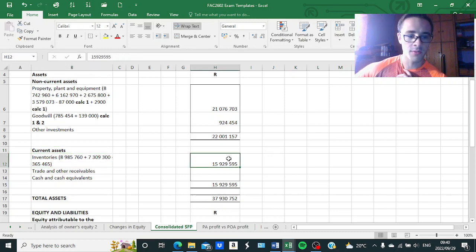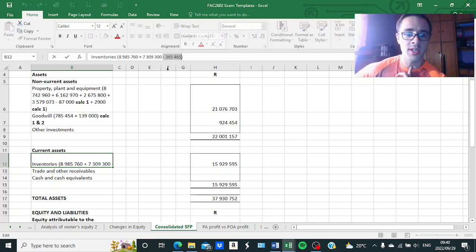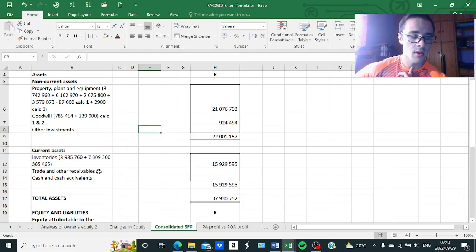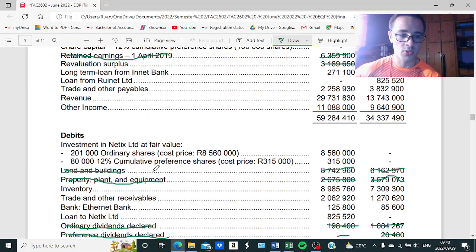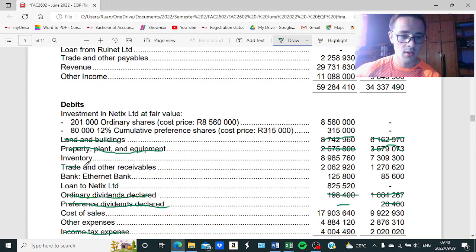We have calculated the amount for inventory already, 15,929,595. Remember, this one was the unrealized profit included in closing inventory. Then your trade and other receivables, there was no adjustment there, so we will just add these amounts together.